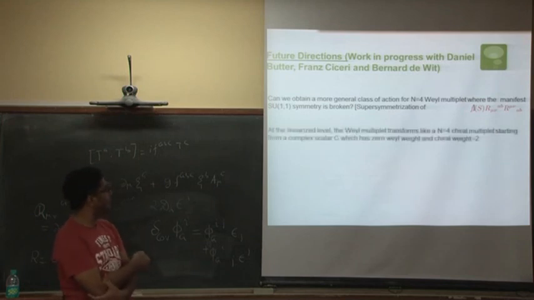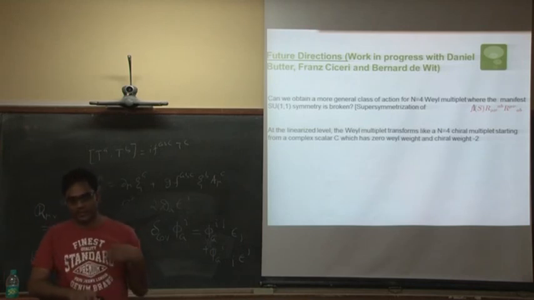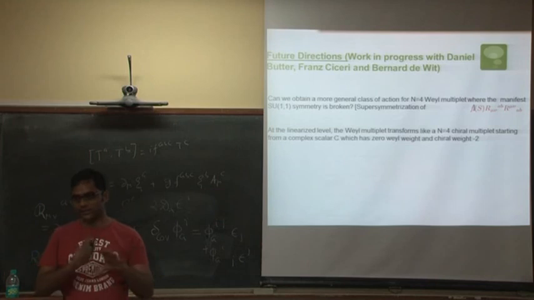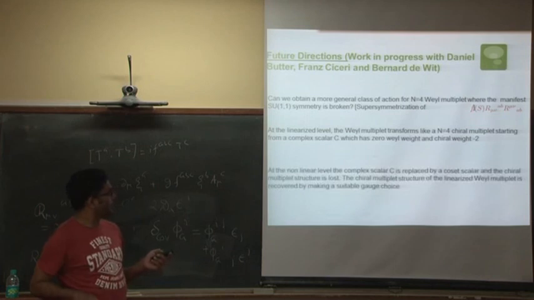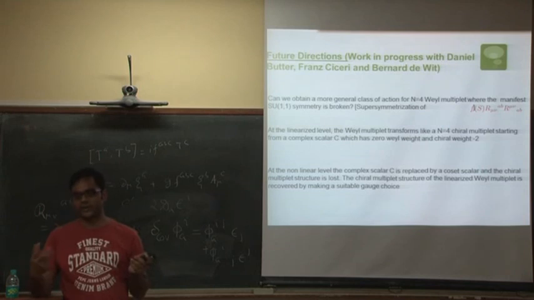The idea is that at the linear level, as I said, this Y multiplet is a chiral multiplet, because of which they could write down that full action by putting it in the chiral superspace integral. But once you go to the nonlinear level, this chiral multiplet structure is broken. You don't have this C anymore.